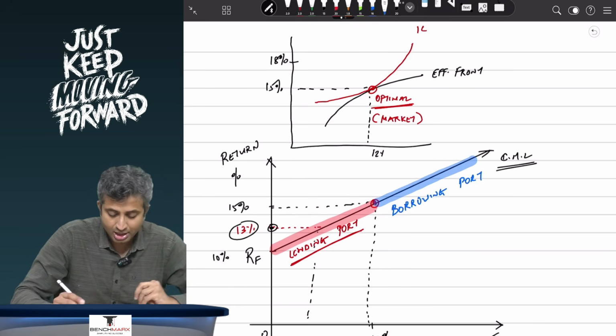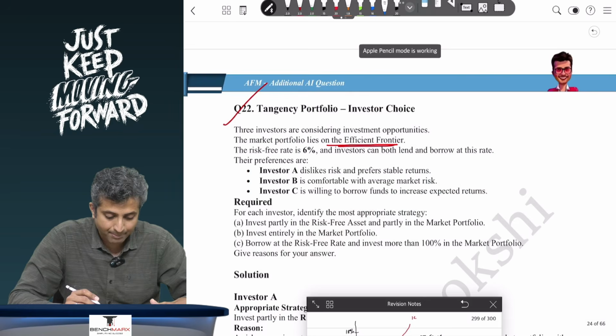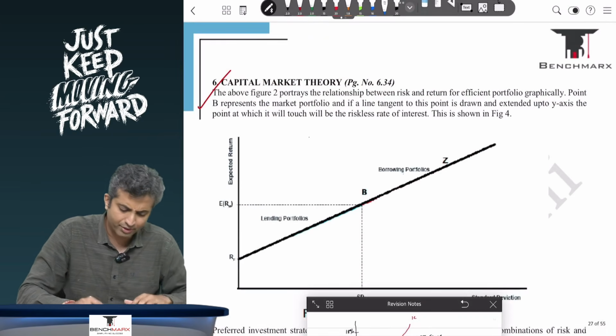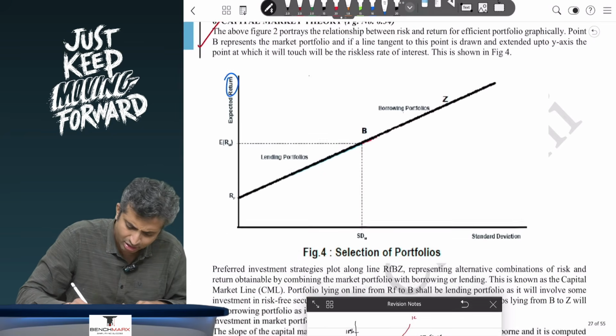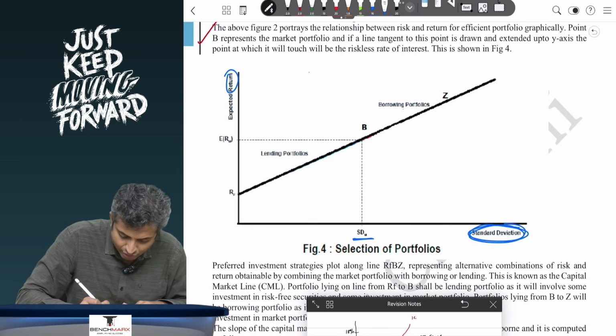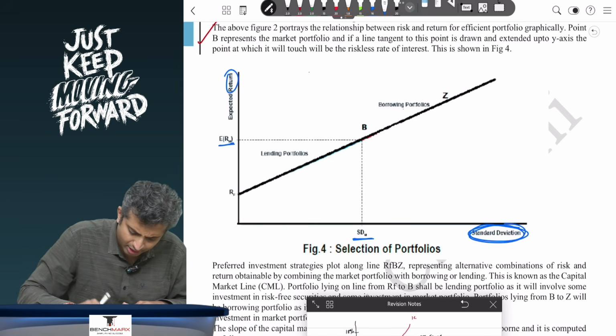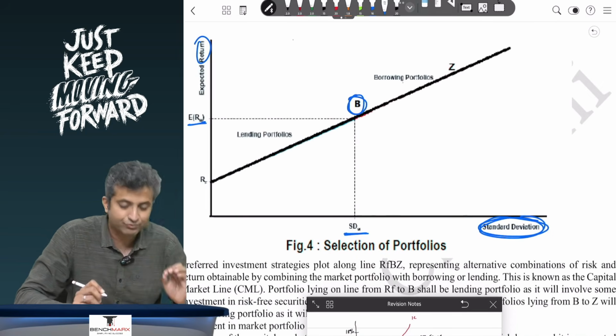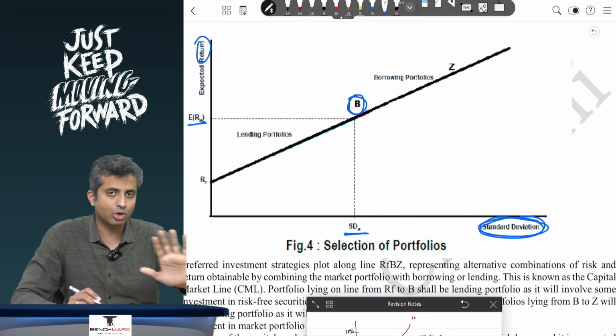So over here, when we look at the capital market line theory, the important point is that on one side there is return, on the other side there is standard deviation, not beta. At the standard deviation of the market, you are earning the return of the market. This is SDM and this is the expected return of the market. Let's say B is the efficient portfolio, which is called the market portfolio.